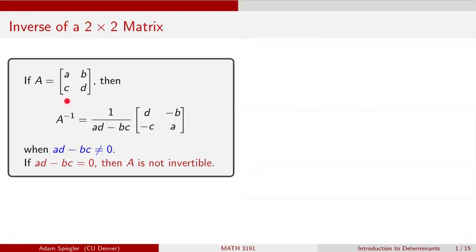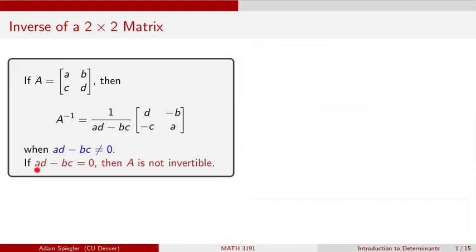We earlier came up with this general formula for finding the inverse of a 2 by 2 matrix: as long as the product AD, the product of the diagonal entries, minus the product of the off-diagonal entries BC is not equal to 0, then A is going to be an invertible matrix, and the inverse of A is going to equal 1 over AD minus BC times the matrix where we interchange the diagonal entries and we change the sign of each off-diagonal entry.